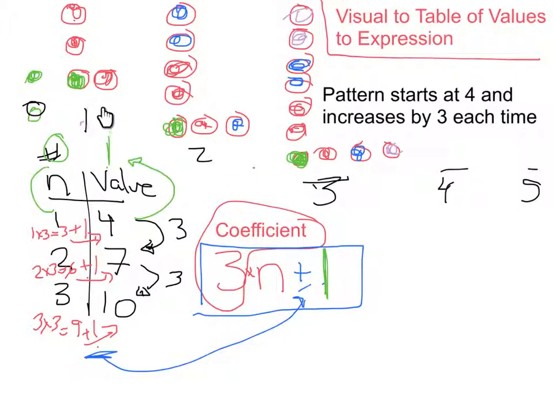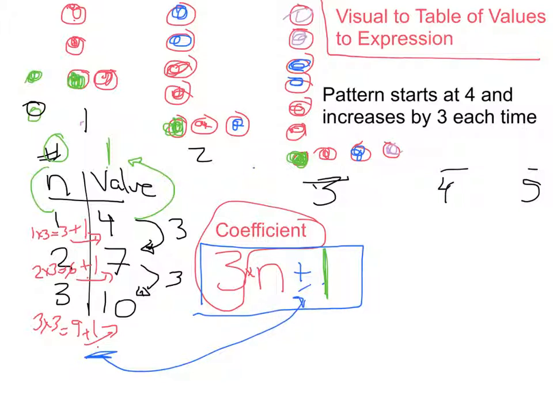So here you have one group of 3, 2 groups of 3, and 3 groups of 3, which is why we call this our multiplier or a coefficient. Coefficient meaning the number up front being multiplied to this variable.